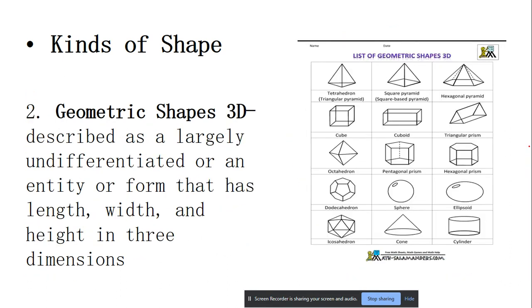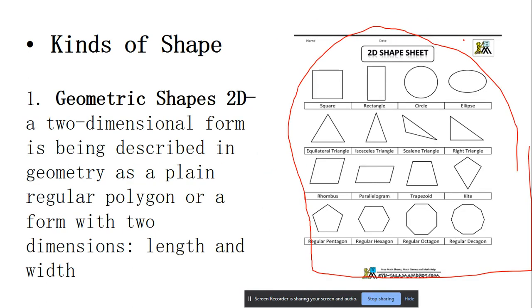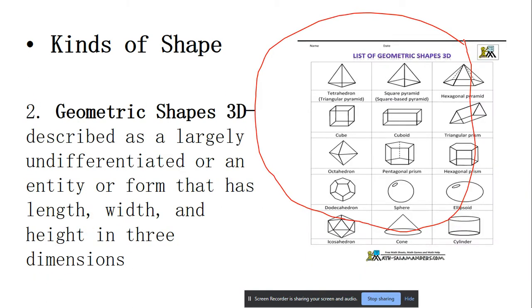We also have the geometric shapes in 3D, described as an entity or form that has length, width, and height in three dimensions. So here it is, geometric shapes in 3D. Okay, so here's the 2D and here's the 3D.